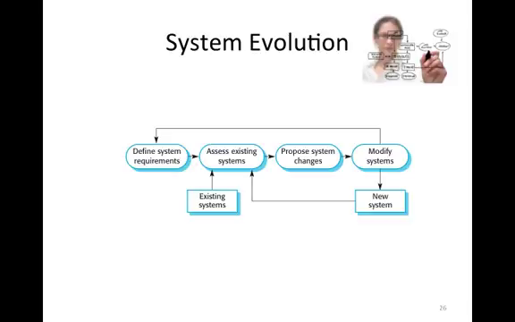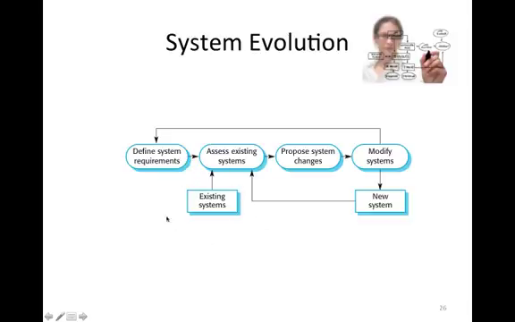When we have an existing system, it's very similar. The system evolution is not particularly different than the whole systems development life cycle that we have been going through. It's an ongoing process, just like our systems development process. We have a process by which we define systems requirements. When we did this originally, we didn't have a system to look at, but now we have a system.